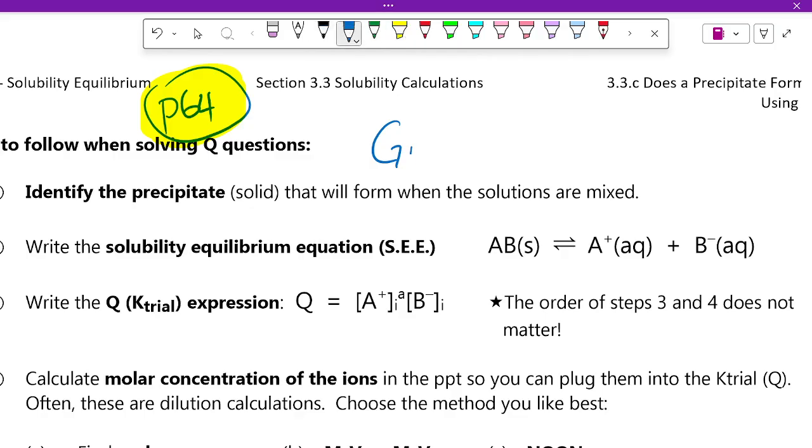So you'll be given 2 compounds, and you need to identify the precipitate. Now, should you wish to write the precipitation equation, that's fine, but it is not required. You can just identify it, okay?